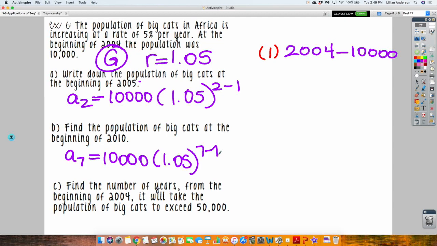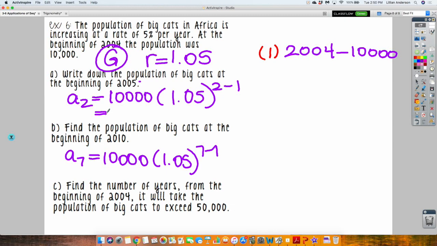Then you just use your formulas. First term, ratio, n minus 1. Now we're talking about cats. No decimals. You can't have a fraction of a cat, okay?